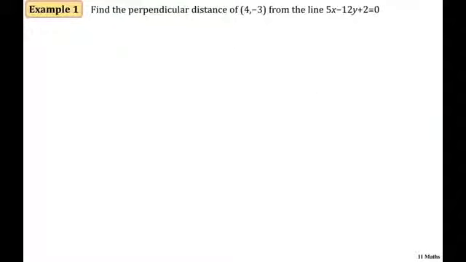Now, for our first example, we've got to find the perpendicular distance from the point 4, minus 3 to the line 5x take 12y plus 2 equals 0. Well, when we look at our line, we're going to end up with a equals 5, b equals minus 12, and c equals 2.